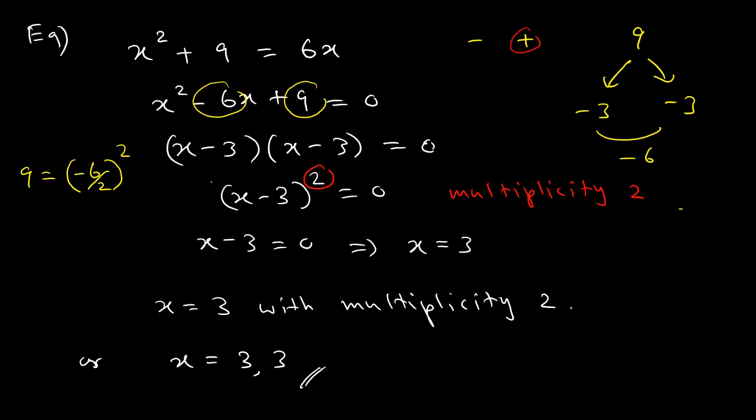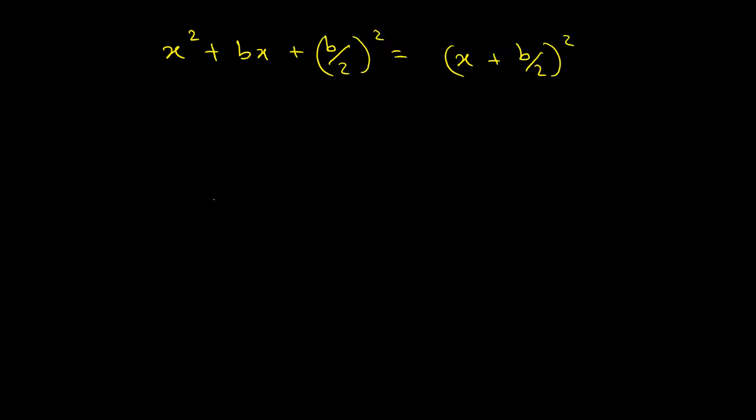So if that is the case, then we have this formula. When we have x squared plus bx plus b over 2 squared, you can simply write this as x plus b over 2 squared. So this is a special formula, or what we normally call the completing the square method.